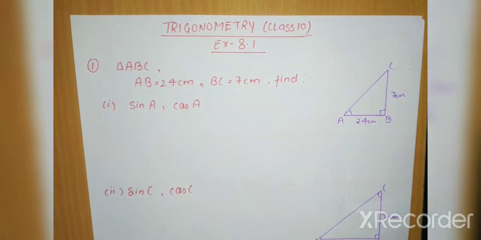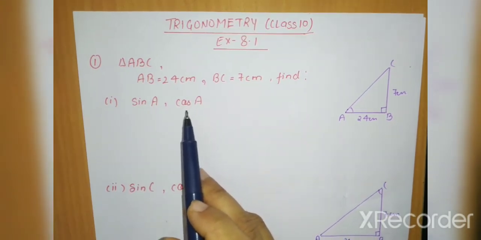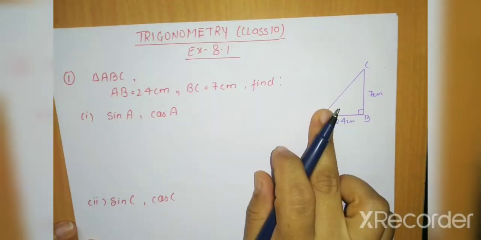For sine A and cos A, I need the value of the hypotenuse, so here we can apply Pythagoras theorem.